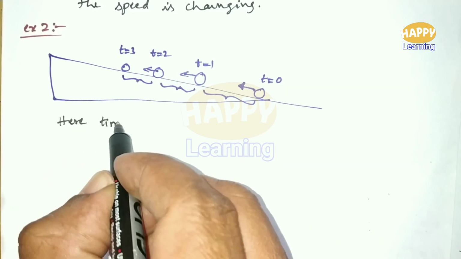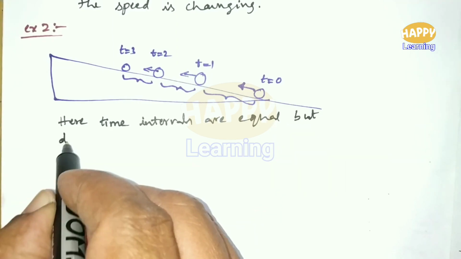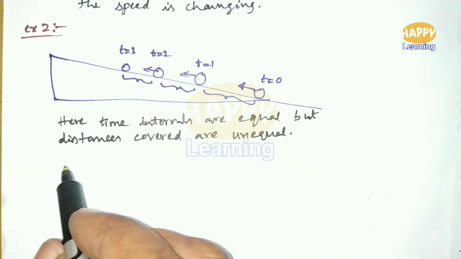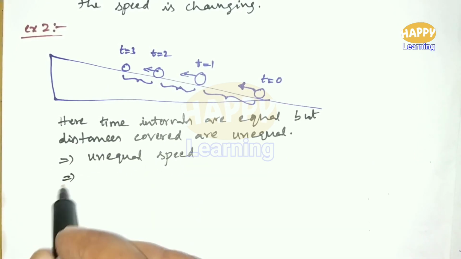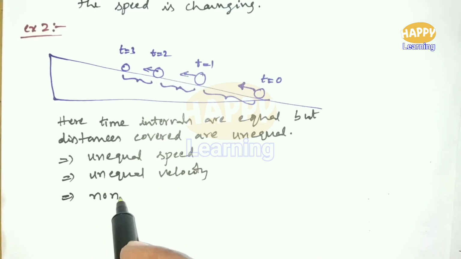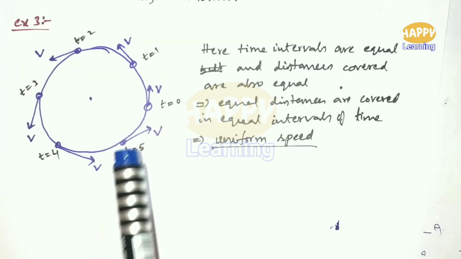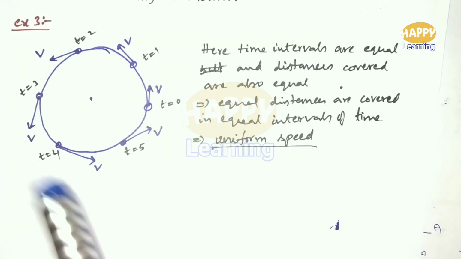Here time intervals are equal, but distances covered are unequal. That implies unequal speed. That implies unequal velocity. That implies non-uniform motion.